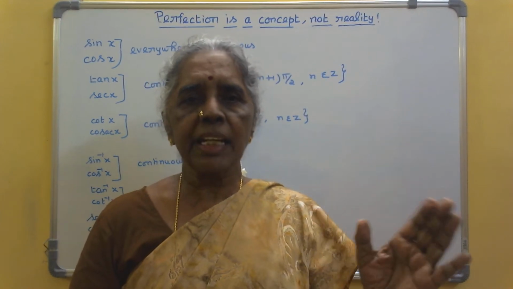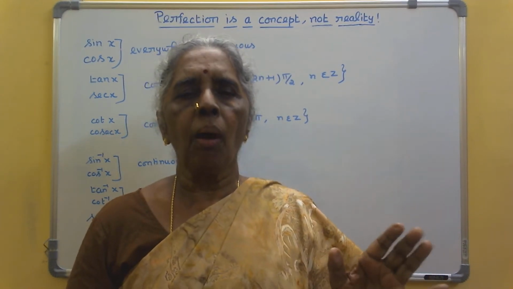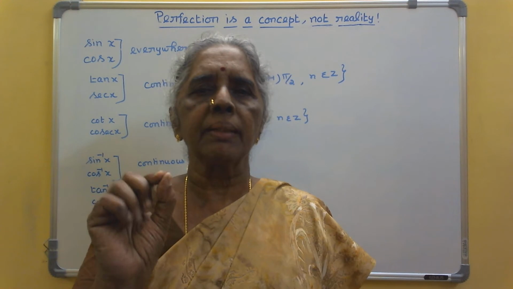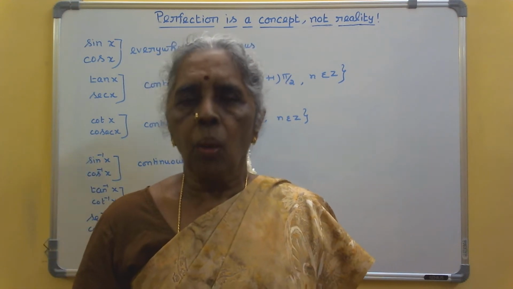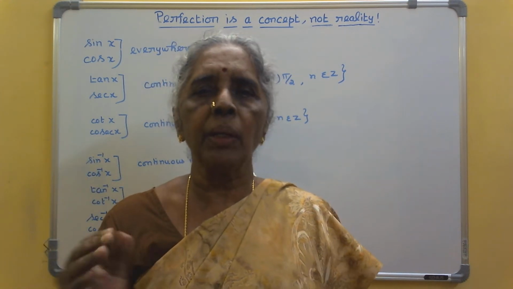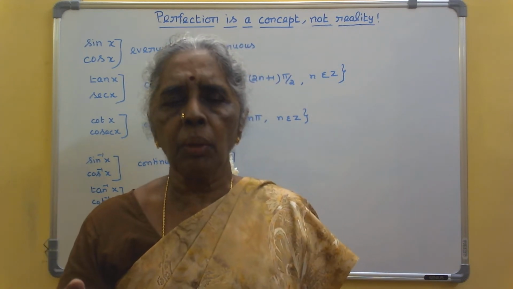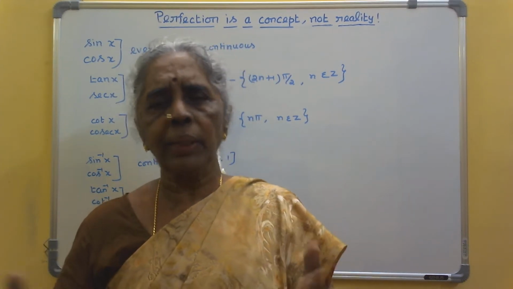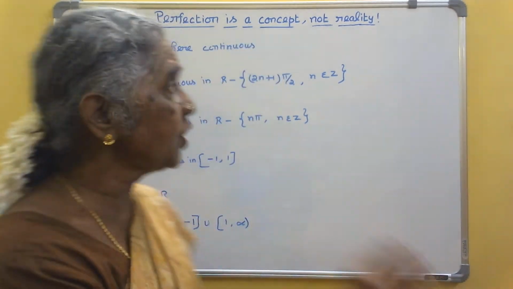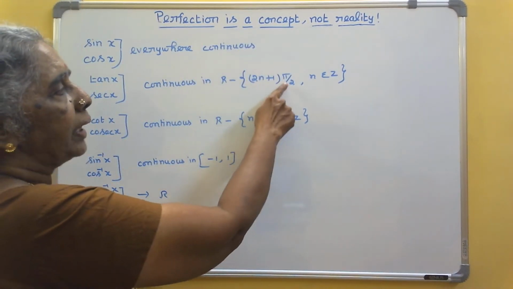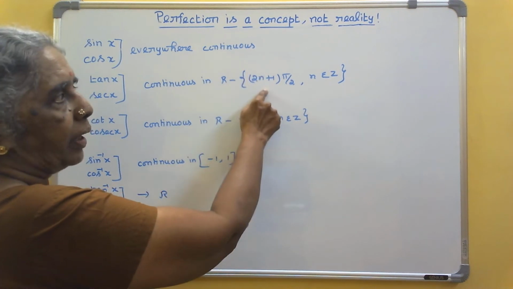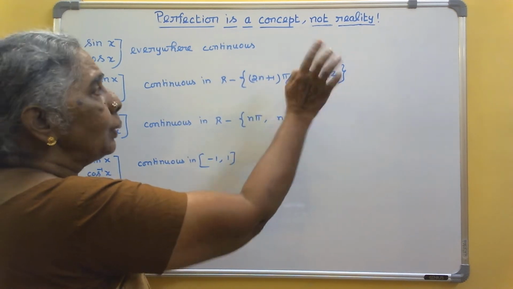You know, cos x becomes 0 for all odd multiples of pi by 2. What is the generalized form of an odd multiple? That is pi by 2, 3 pi by 2, 5 pi by 2, or it may be minus 3 pi by 2, etc. That generalized form is 2n plus 1 into pi by 2. This is the generalized odd number. n belongs to z.